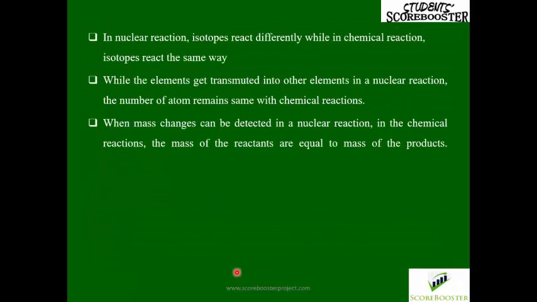In chemical reaction also, isotopes, don't forget isotopes are atoms of the same element with the same atomic number but different numbers of neutrons, or different mass numbers, as the case may be. Those isotopes in chemical reaction react the same way because it is the electrons that are reacting. The neutrons that are different are not a concern for chemical reaction, since it is the electrons that are reacting.